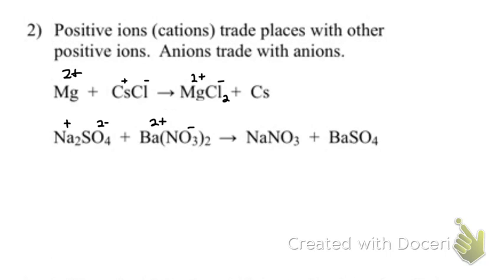So I'll have NaNO3. Now the barium that was kicked out bonds with the sulfate that's left behind, and you get barium sulfate. This one is actually nice the way it is, because sodium has a plus 1 charge, and nitrate has a minus 1 charge, barium has a 2 plus charge, and sulfate has a 2 minus charge. So, those guys are set.